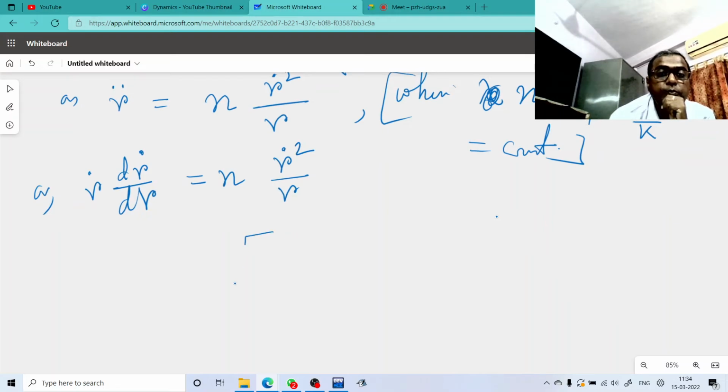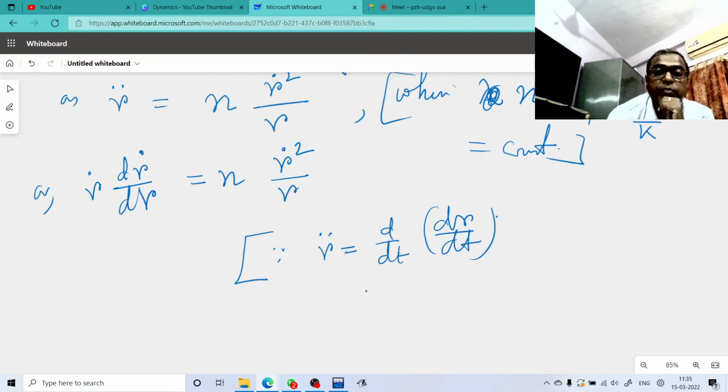Since r double dot means d/dt of dr/dt, this can be written as d/dr of dr/dt into dr/dt.